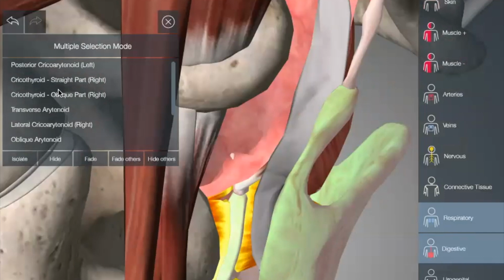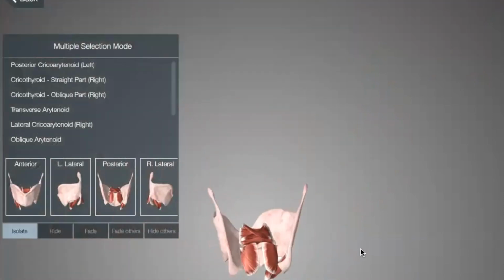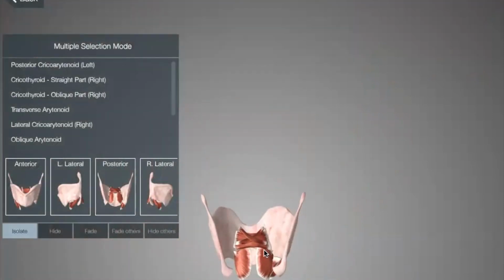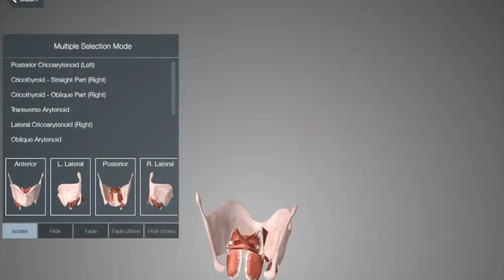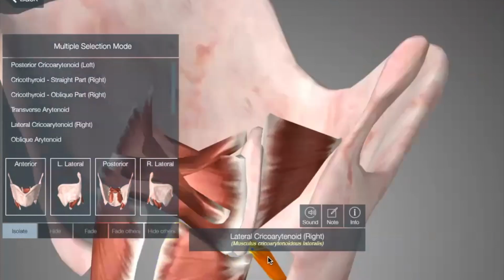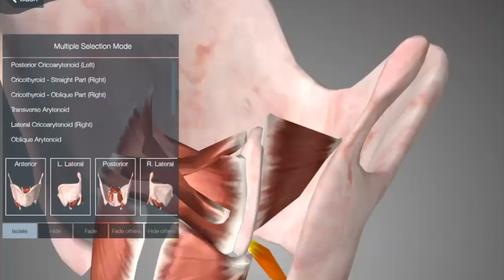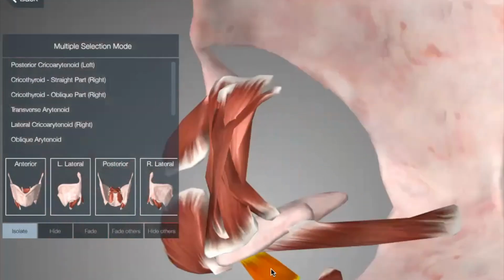Wait, I'll show you what I mean. The muscles that are left are those, and the posterior. Wait, where's the posterior? That's the posterior, right? And there is no anterior, but there's lateral here. So, posterior and lateral. That's for the logical part.